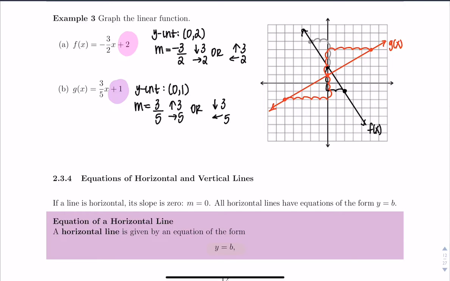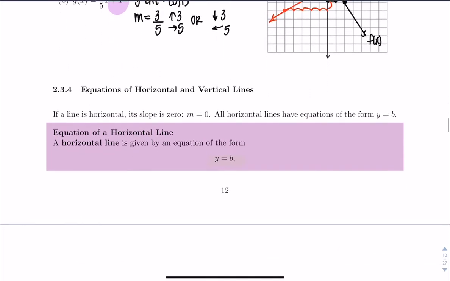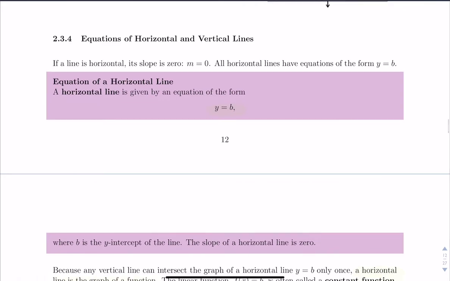So let's talk about horizontal and vertical lines. If a line is horizontal, its slope is 0, or m equals 0. All horizontal lines have equations of the form y equals b, where b is the y-intercept of the line, and the slope of a horizontal line is always 0.